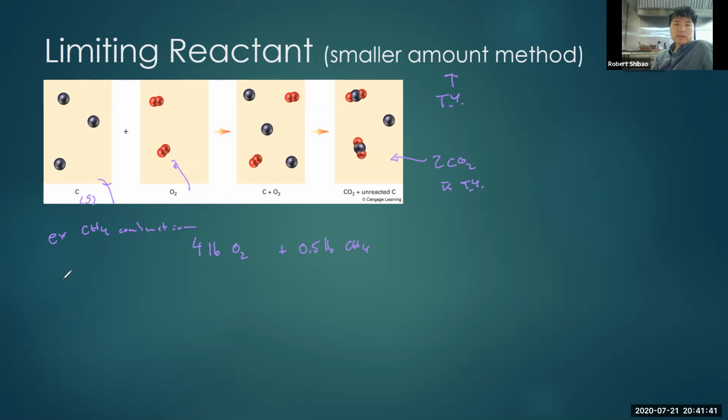And so in this example here, let's say we didn't know. The step one is to calculate the yield from each reactant.